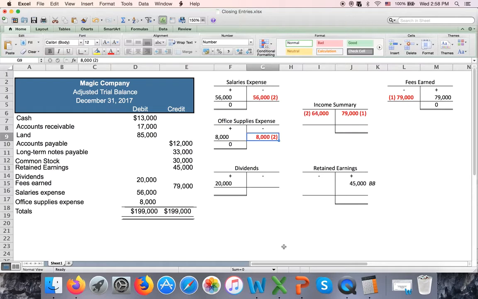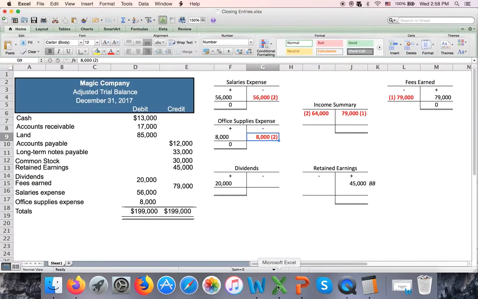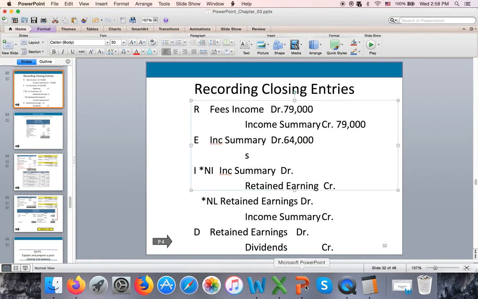So my second step, right? I debit income summary $64,000, which is my total expenses. So I will actually list expenses separately. So I have the salaries expense, $56,000.